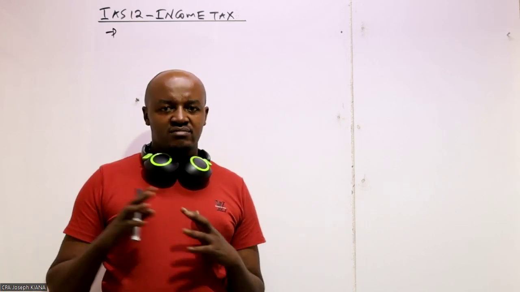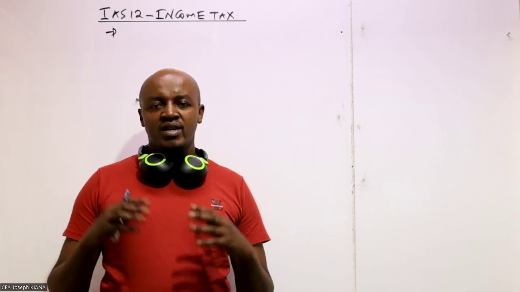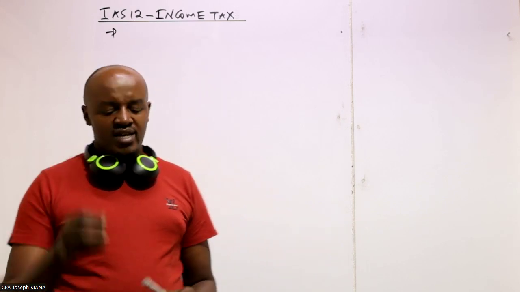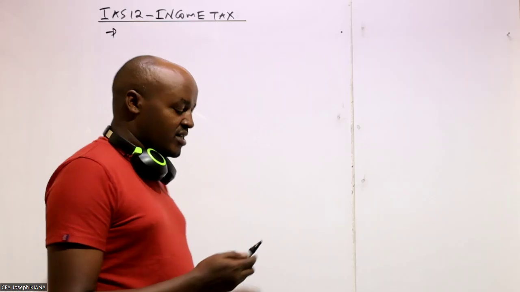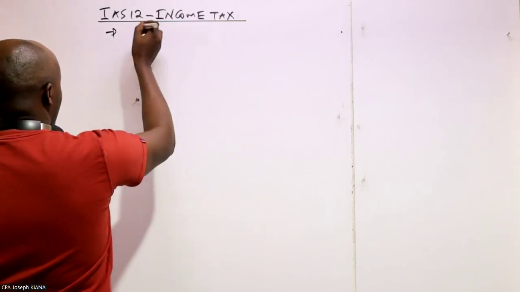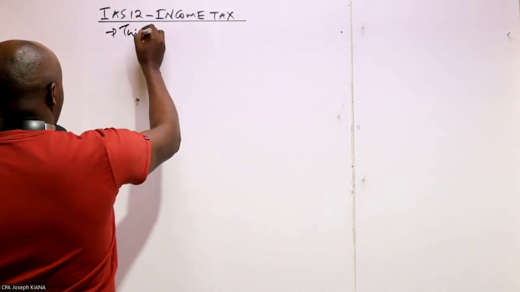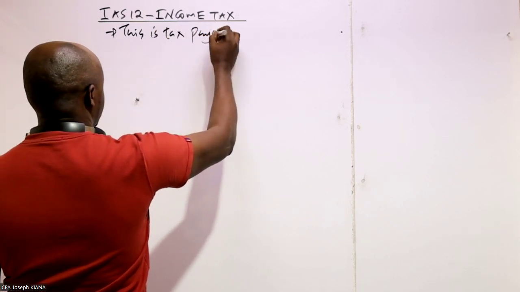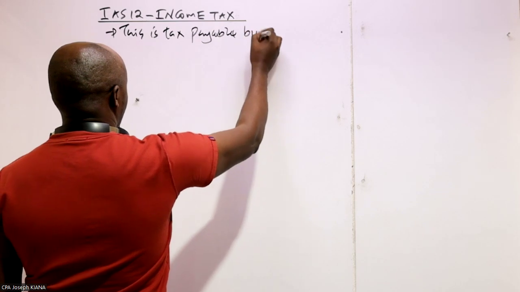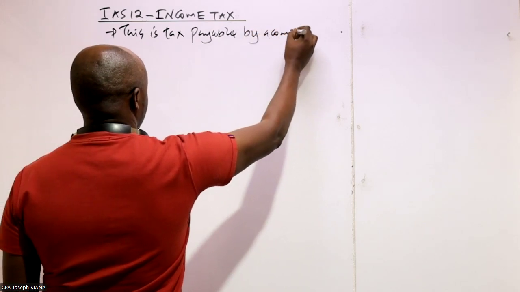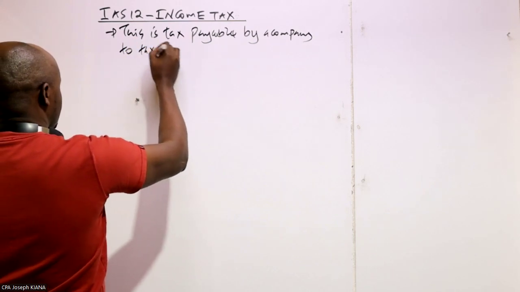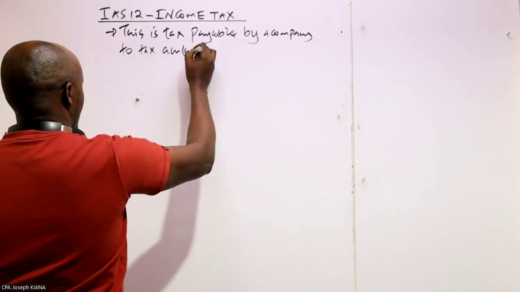So that tax which a company is supposed to pay in relation to the trading activities of a given financial year is what we refer to as the income tax. So income tax is the tax payable by a company to the tax authority.